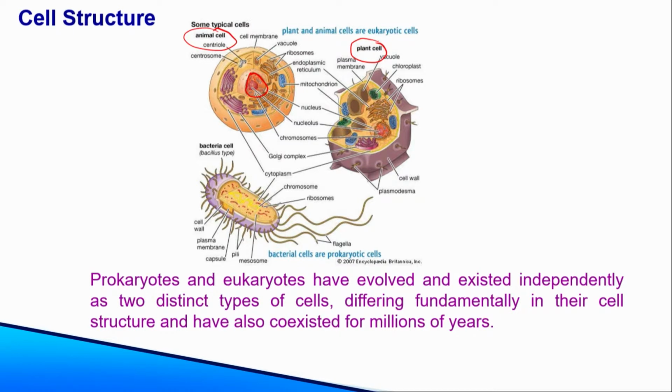Also, there are many membrane bound organelles present in eukaryotes, but the same is not present in prokaryotes. Here there is no nuclear membrane. The size of these cells is also very small. Bacteria are around 0.2 to 2 micrometers in diameter, and in the case of animal or plant cells, the eukaryotes, it varies from 10 to 100 micrometers in diameter.